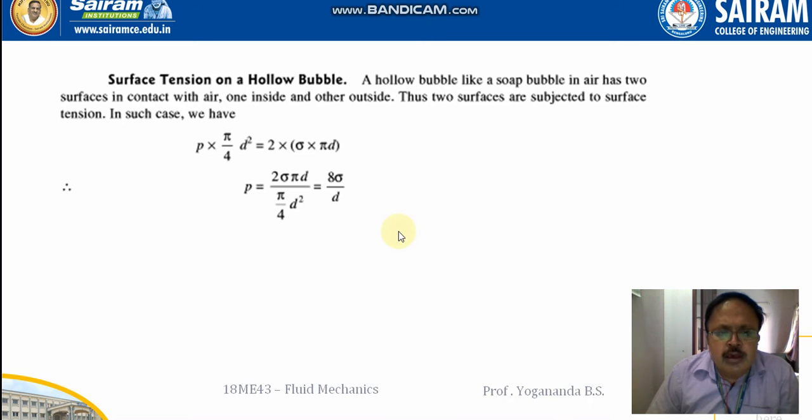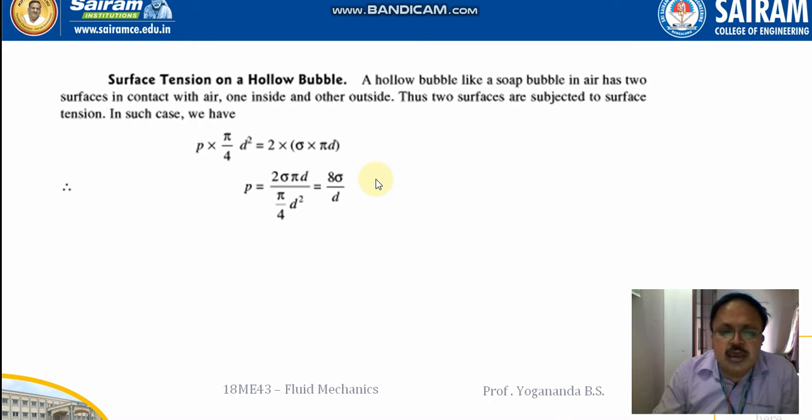So here the hollow bubble, if you take as an example the soap bubble in the air, both the surfaces are in contact with the air, so the two surfaces are subjected to surface tension.